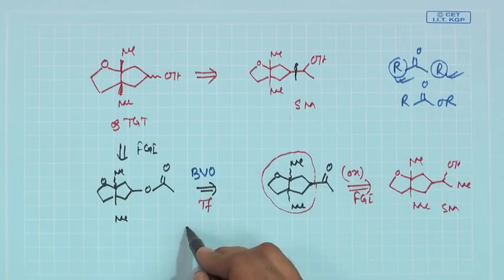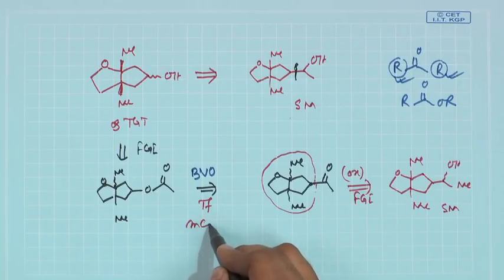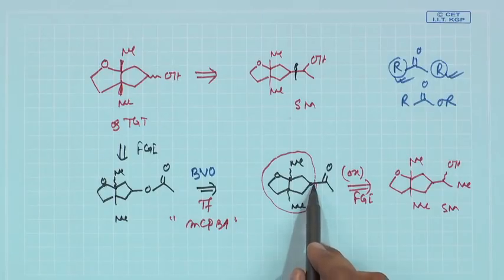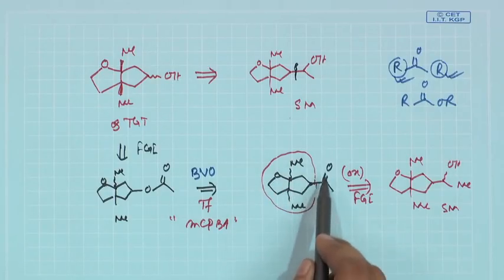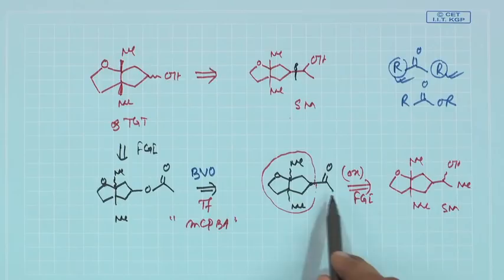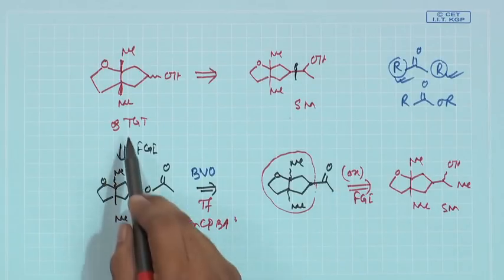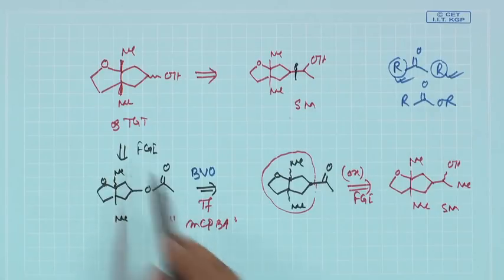In the Baeyer-Villiger reaction, the reagent we use is MCPBA. I am sure all of you know the mechanism. If you are not sure about the mechanism, please check it again from your standard textbook, and then you find that this group will migrate. This group has more migrating aptitude than the methyl, and once it migrates, you have this carbon-oxygen bond. Your next step is simple hydrolysis.